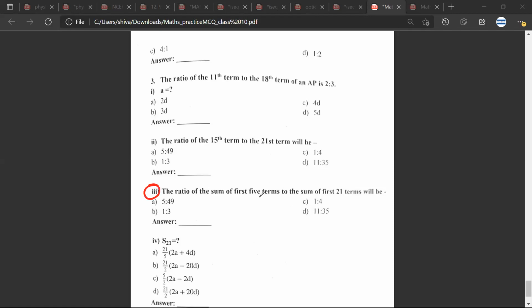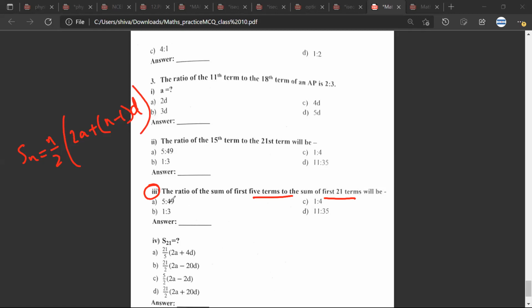So the ratio of the sum of the first 5 terms to the sum of the first 21 terms will be? How should we do this? So the formula for sum is n upon 2 into (2a plus (n minus 1) into d).